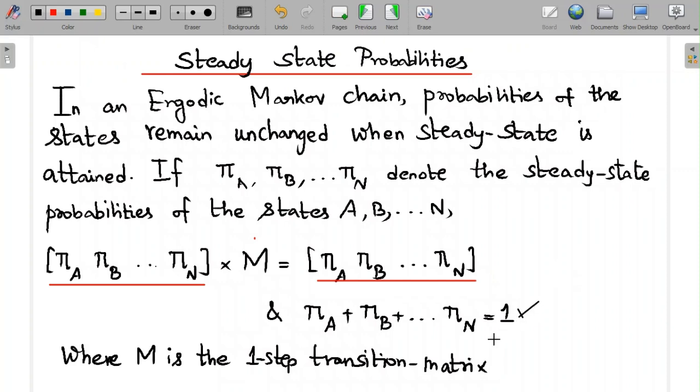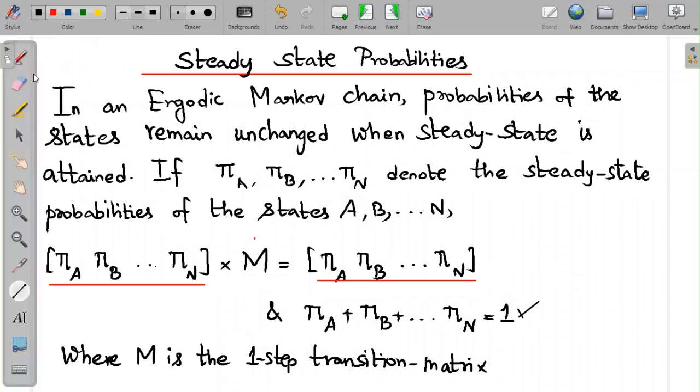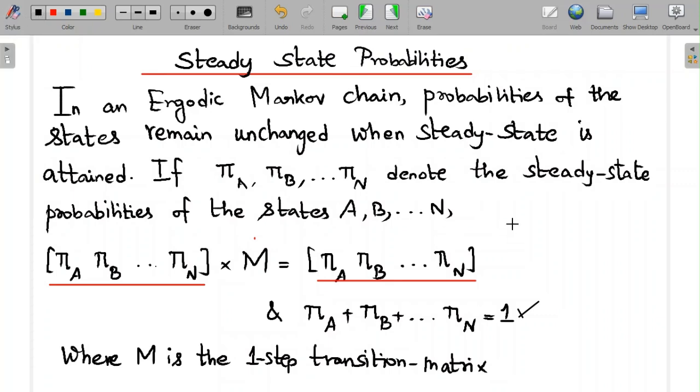So this is the scenario when steady state situations are applied to Markov chains. Whereas when it comes to problems, the steady state is usually referred to by this common phrase: the state in the long run.